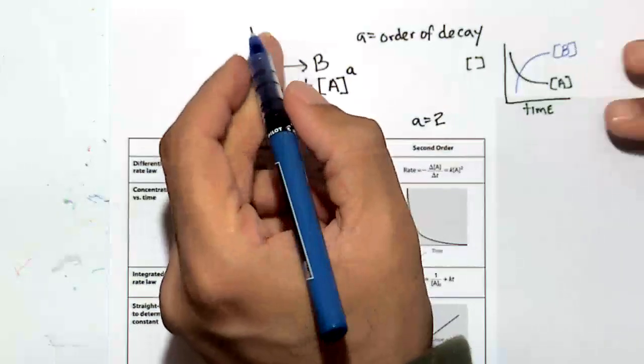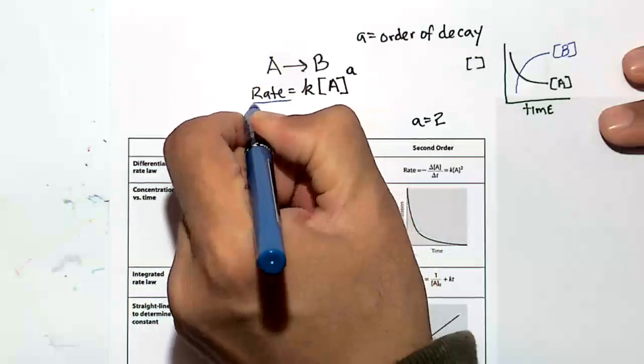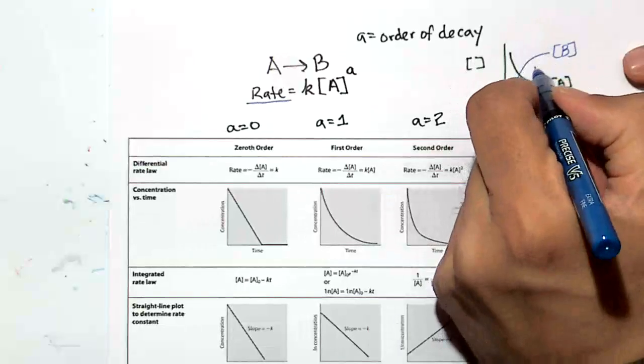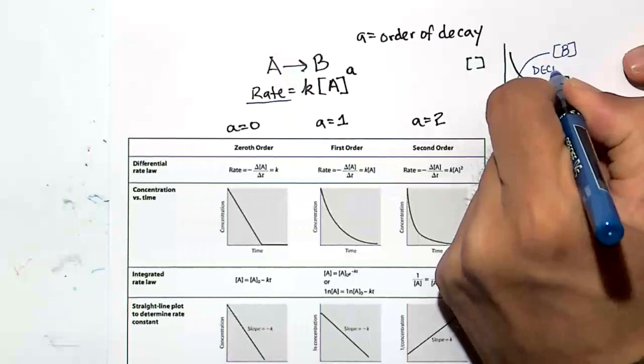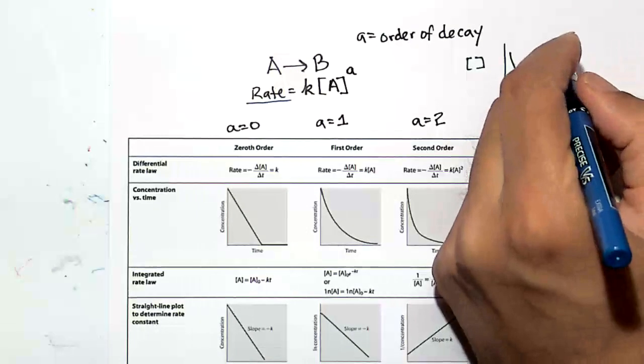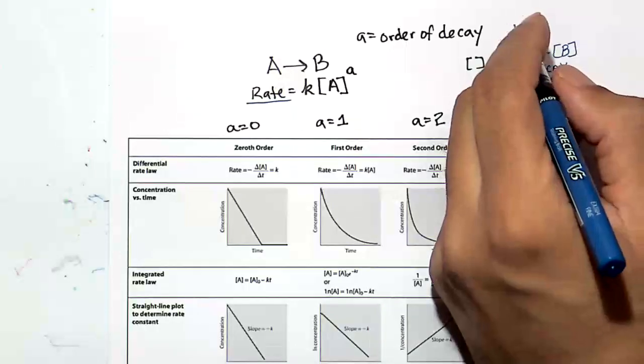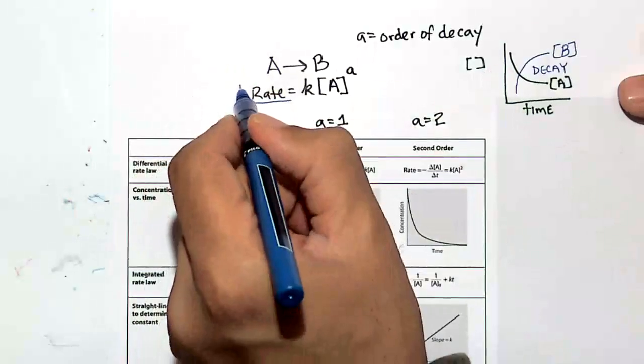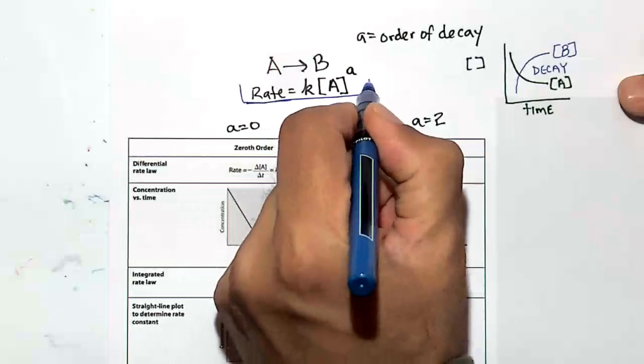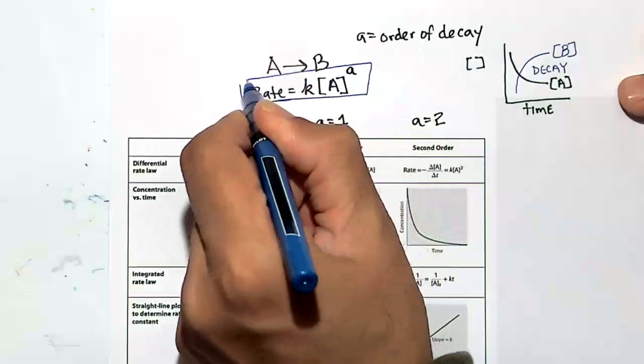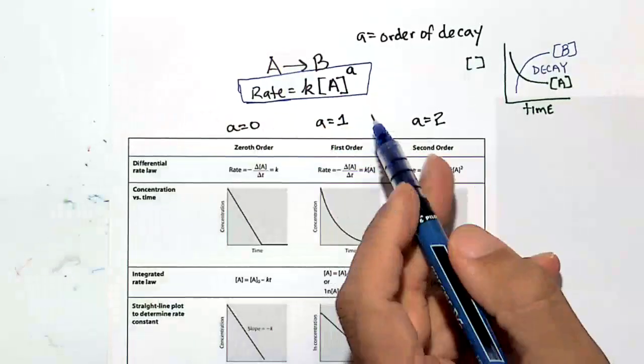But to measure how fast, which we are calling the rate, we are measuring the decay of A, not the appearance of B, but the decay of A. And this is behind the entire idea of rate law.